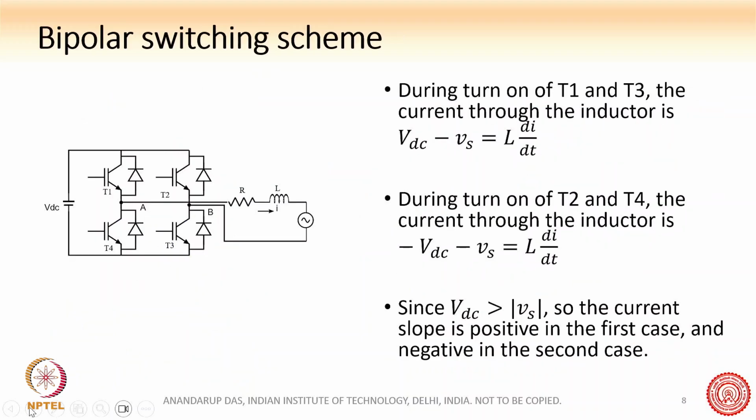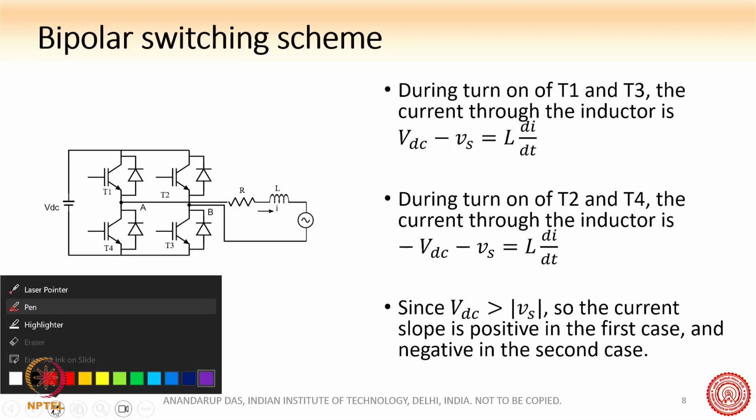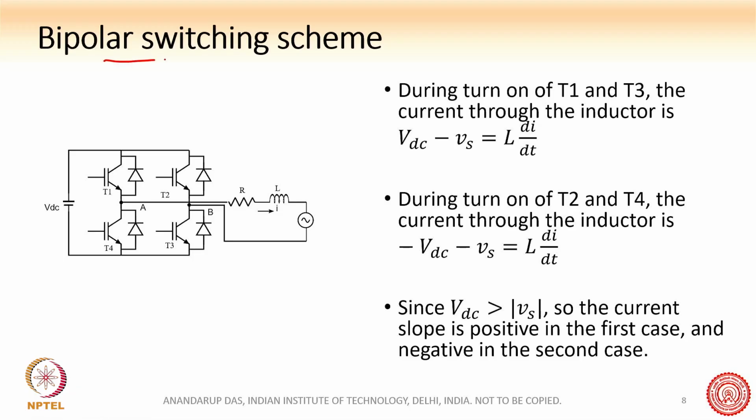There is also another type of switching which is an extension of this technique, which is called the bipolar switching scheme. In this way, during turn on, you use these two switches, and then you have this equation like before.